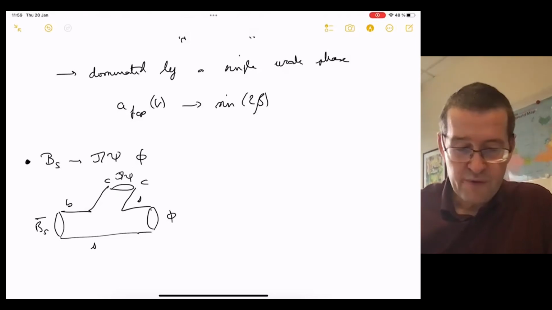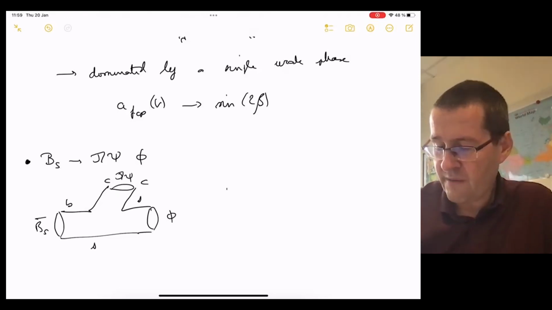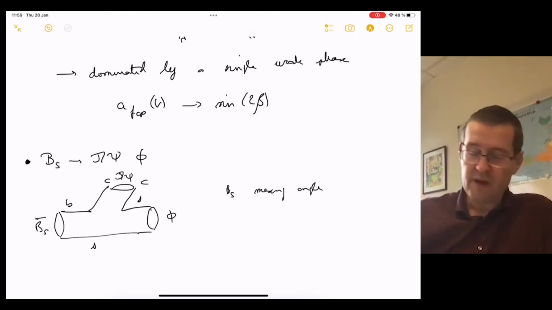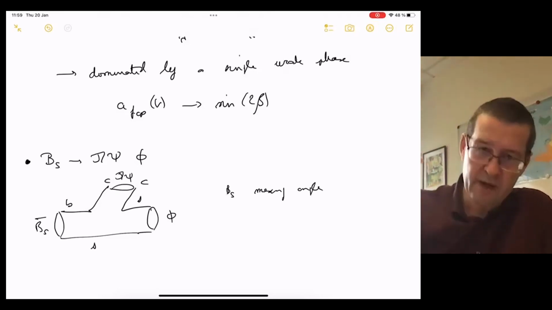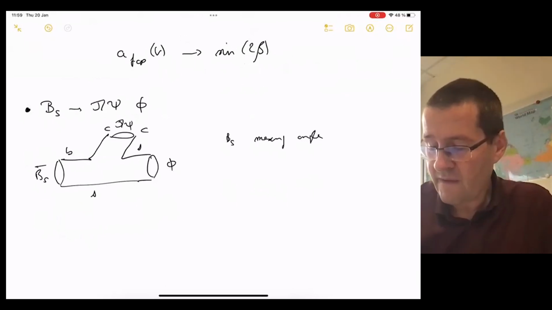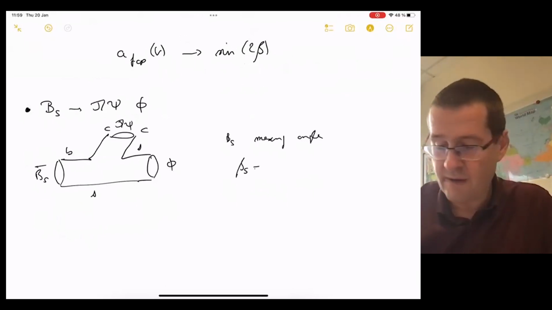You will get, in principle, information on the BS mixing angle. You can show that, once again, you're dominated by a single phase and so on. The point is that the corresponding angle is actually very small.